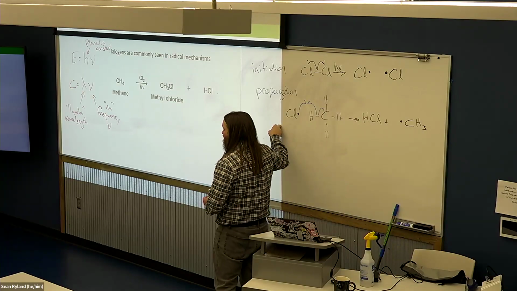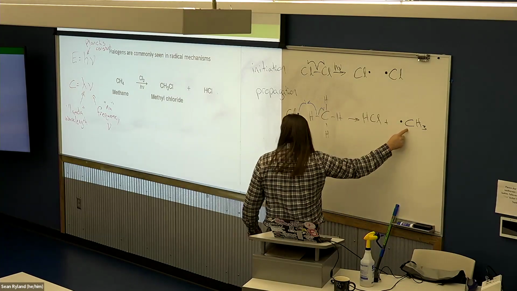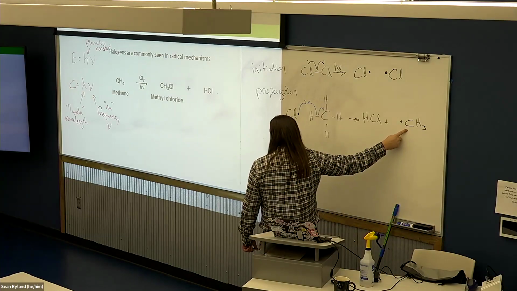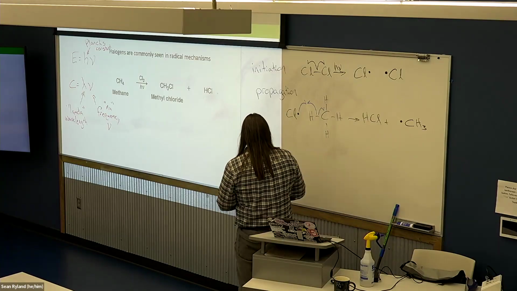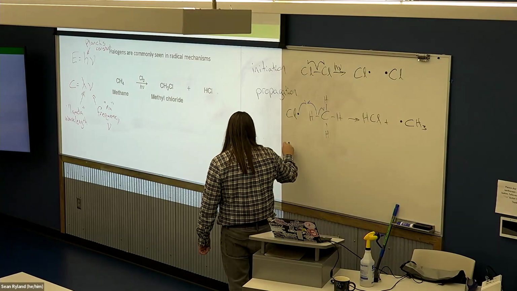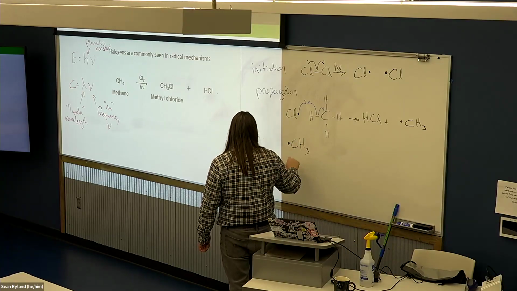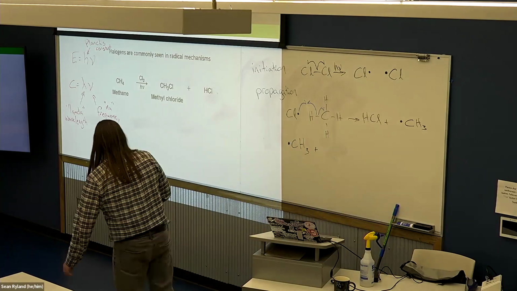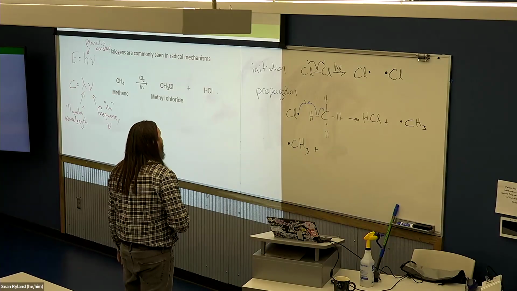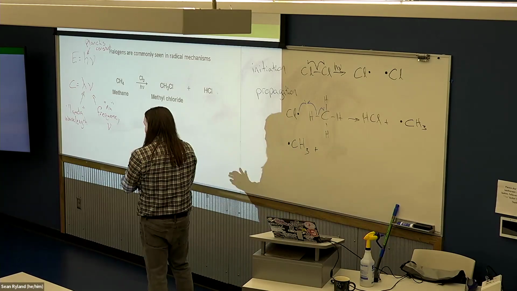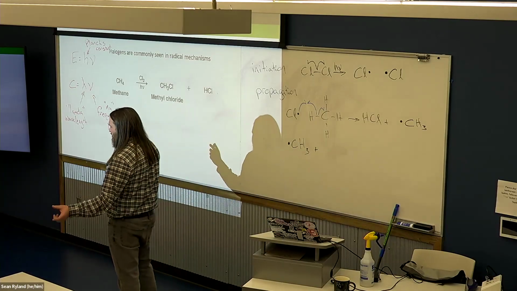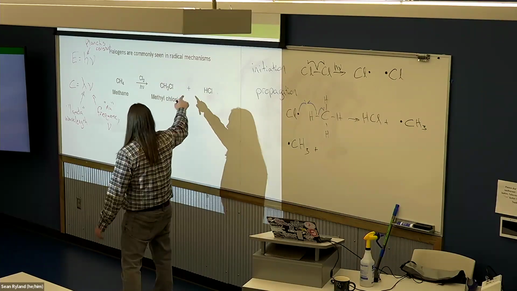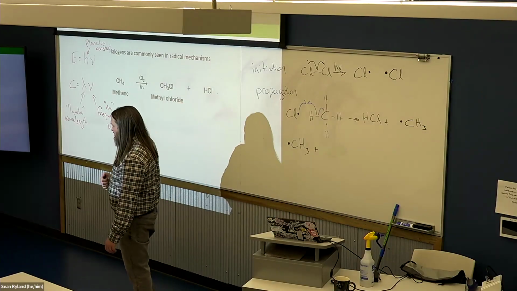In the second propagation step, you use the free radical you made in the first propagation step as one of your reactants. And here's the other trick with these. Your propagation steps, when you add them up and cancel out everything on both sides, should add up to your overall net reaction.